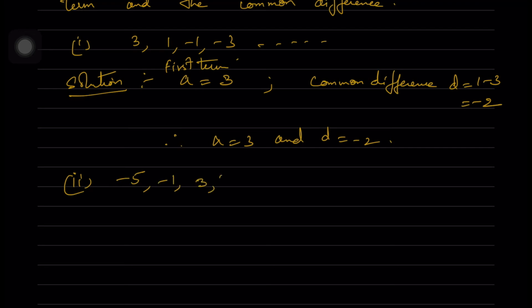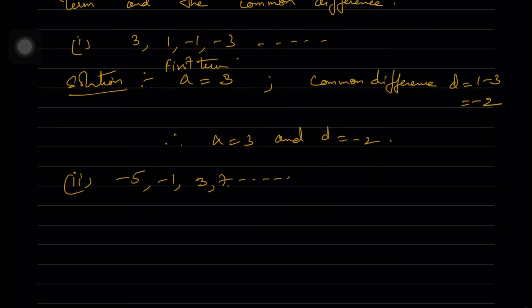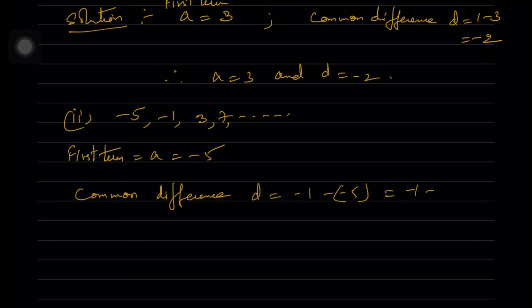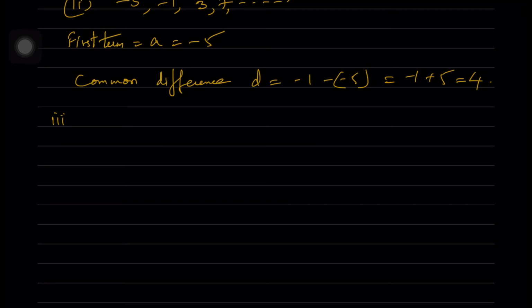Next, second: minus 5, minus 1, 3, 7, and so on. In this, the first term a is equal to minus 5. Common difference is equal to minus 1 minus of minus 5, that is minus 1 plus 5, which is equal to 4. Then the third one: 1 by 3, 5 by 3, 9 by 3 and 13 by 3 and so on.